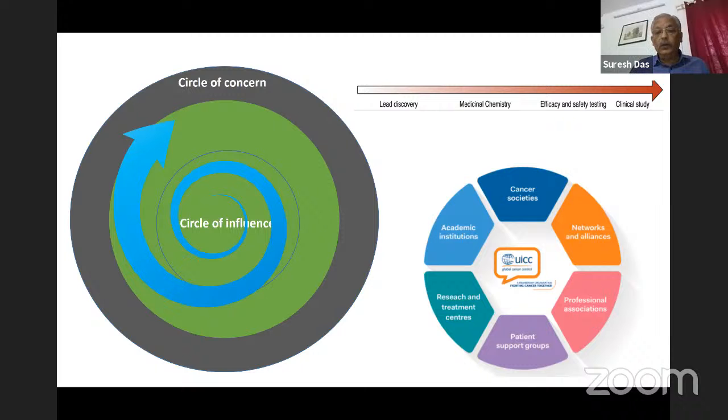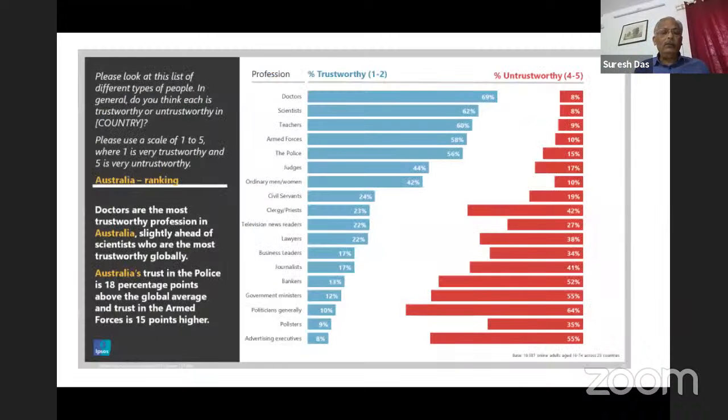I did a very interesting search on what people think about scientists. This was a question that was asked in Australia. People were given different professions and asked how trustworthy or untrustworthy people in each profession are, on a scale of 1 to 5, with 1 being the most trustworthy and 5 being the least trustworthy.